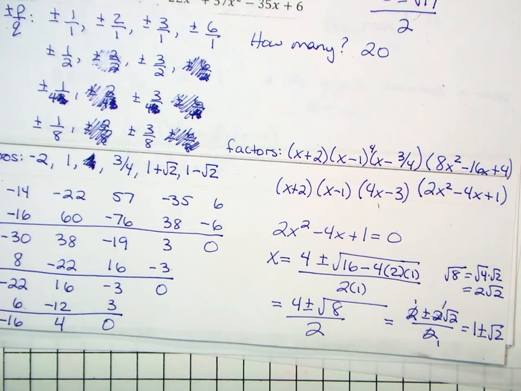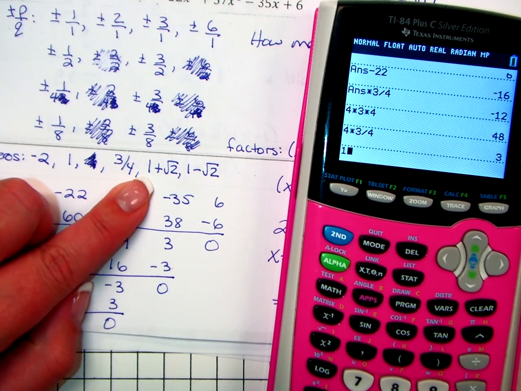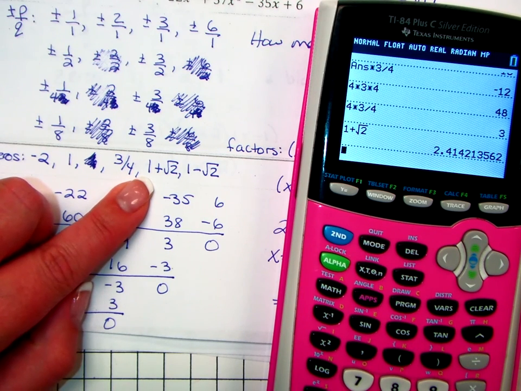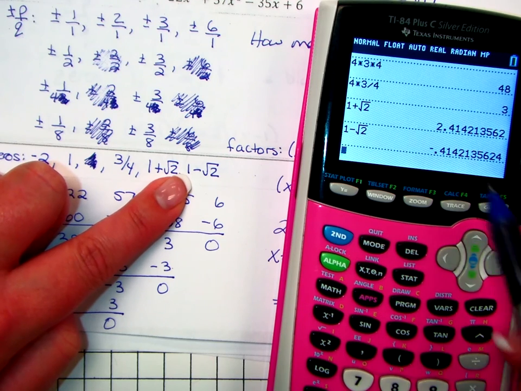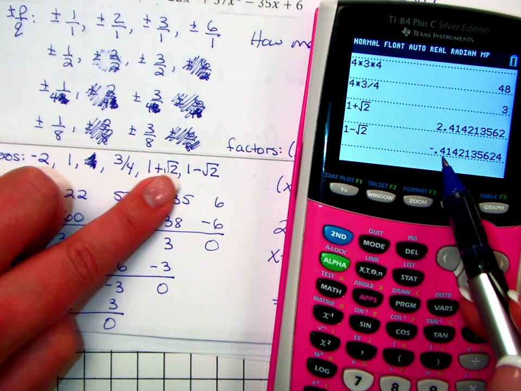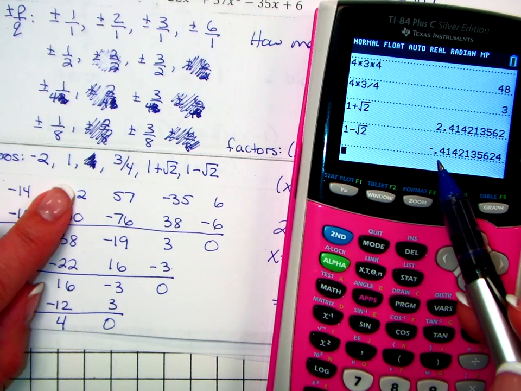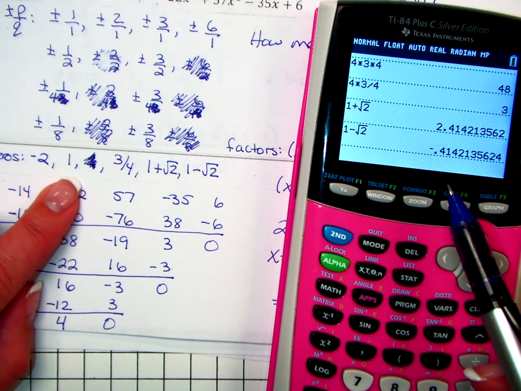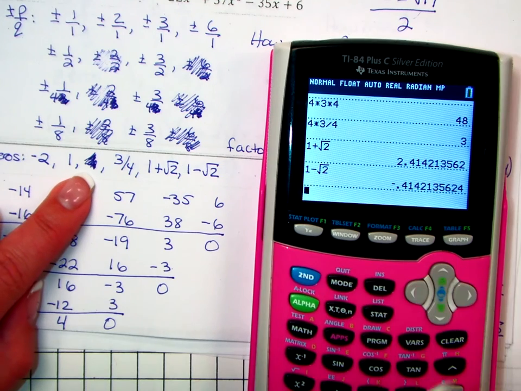And again, I bet you one of those is super close to 1. 1 plus rad 2 is 2.4. 1 minus rad 2 is negative 0.4. Okay, so the graph, oh, I thought one of these was going to be close to 1.